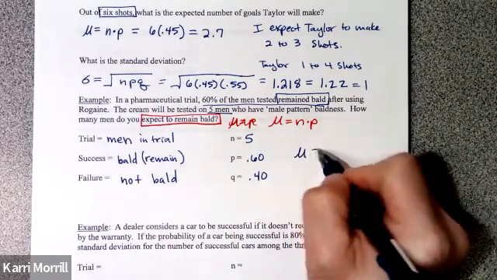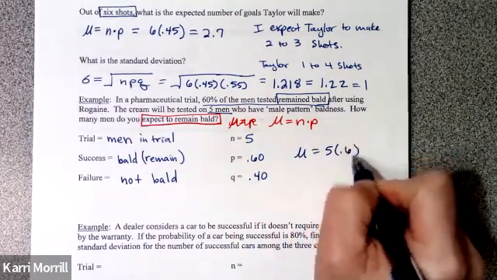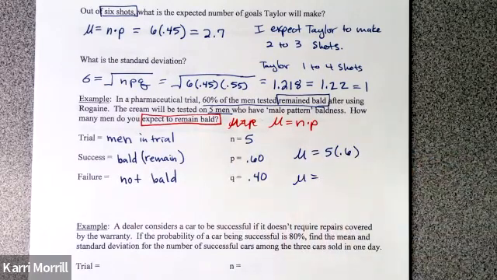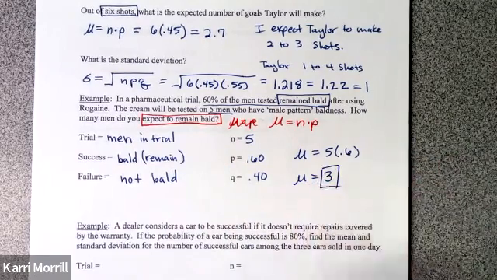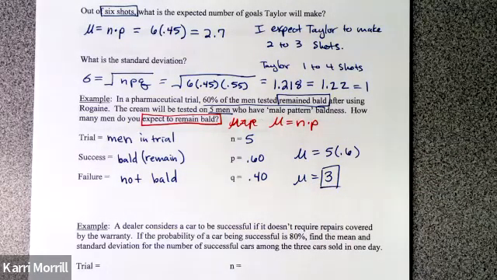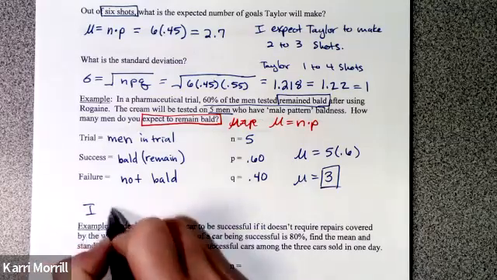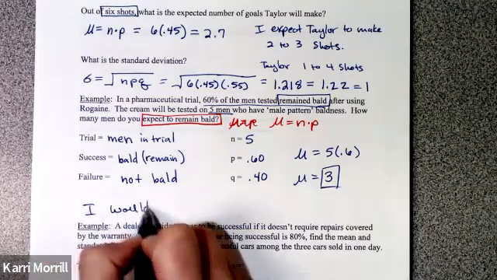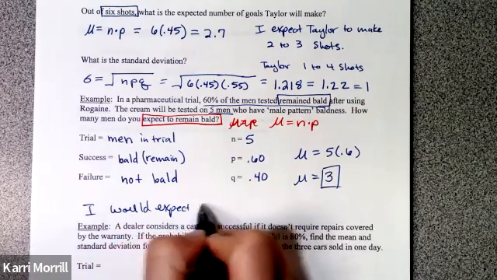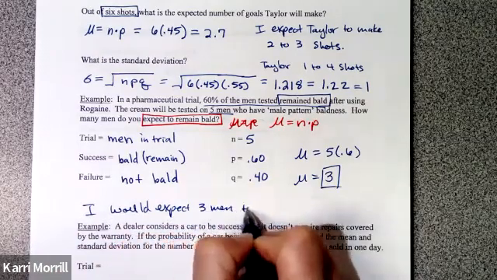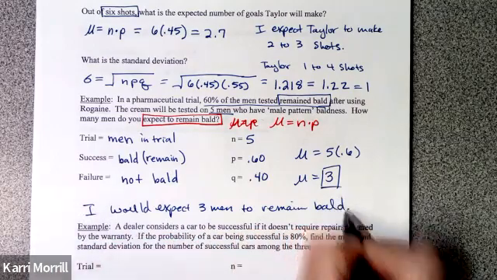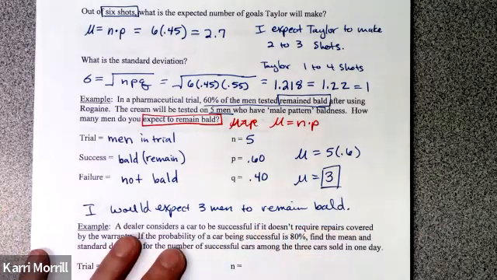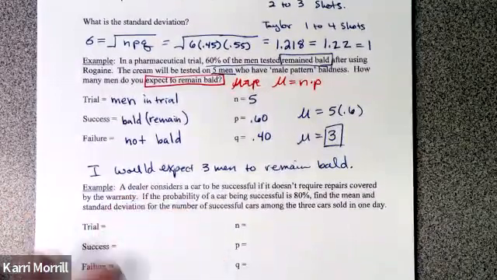So my mean in this case is 5 times 0.60, and when you multiply that, that's going to be the number 3. So I would expect 3 men to remain bald. Three out of the 5.